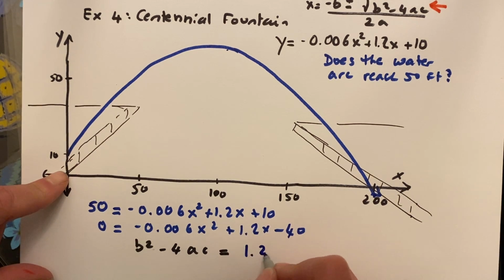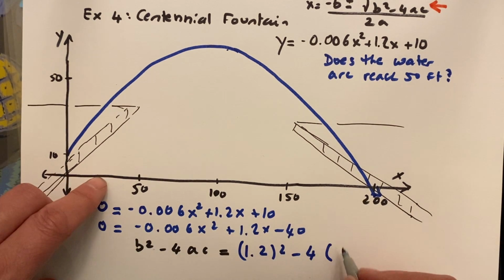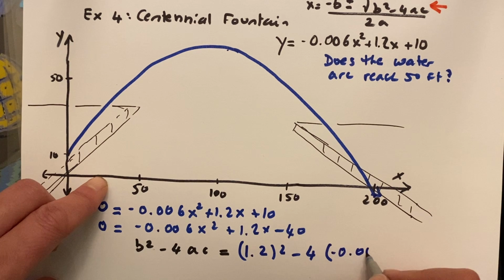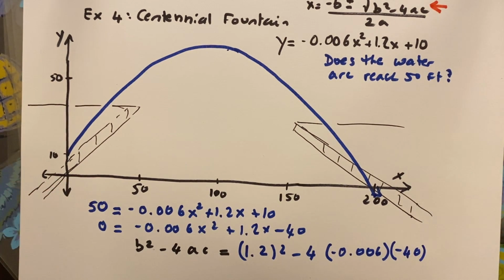So 1.2 squared minus 4 times a, which is negative 0.006, times c, negative 40. Okay, 1.2 squared gives us 1.44.